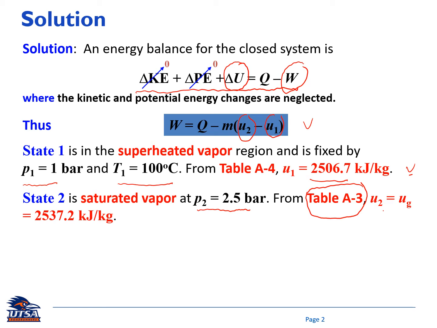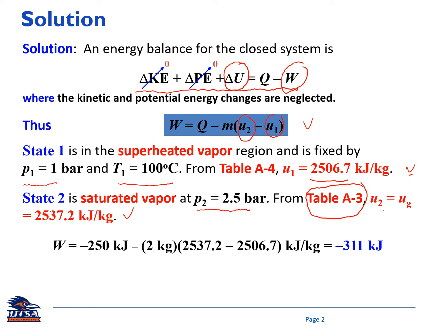So u2 equals ug at 2.5 bar. You can see the data of ug at 2.5 bar, and it is 2537.2. So you have u1, you have u2, m is given, and Q is also given.